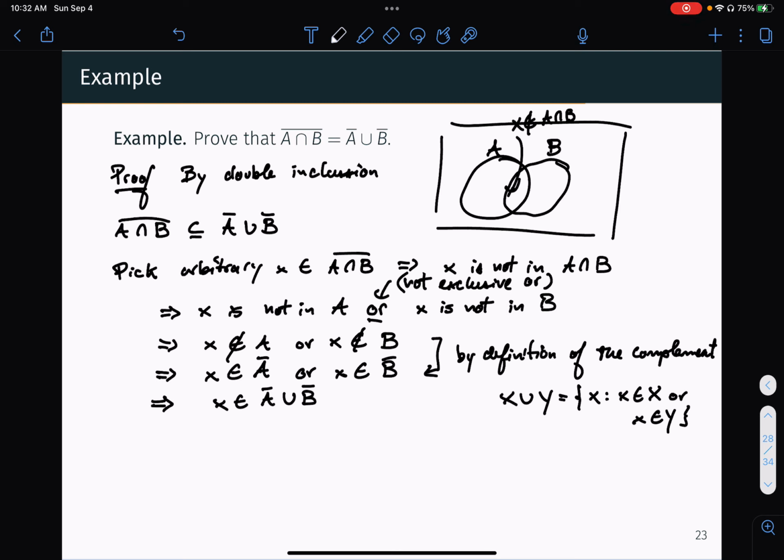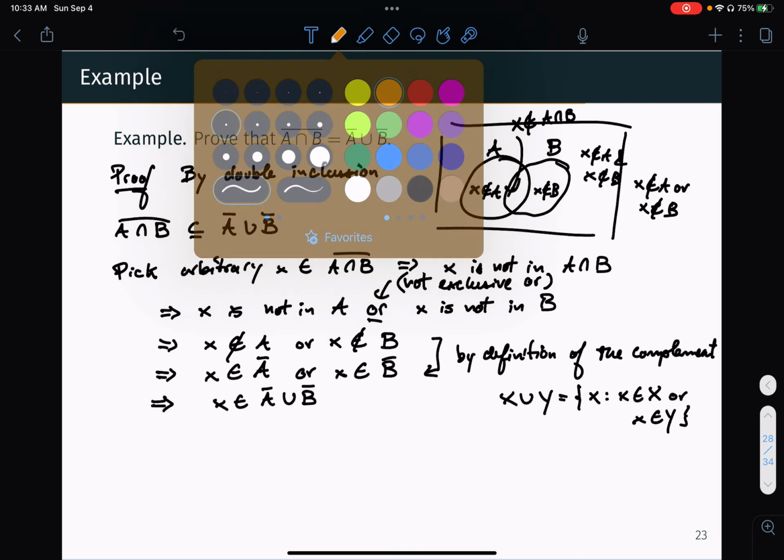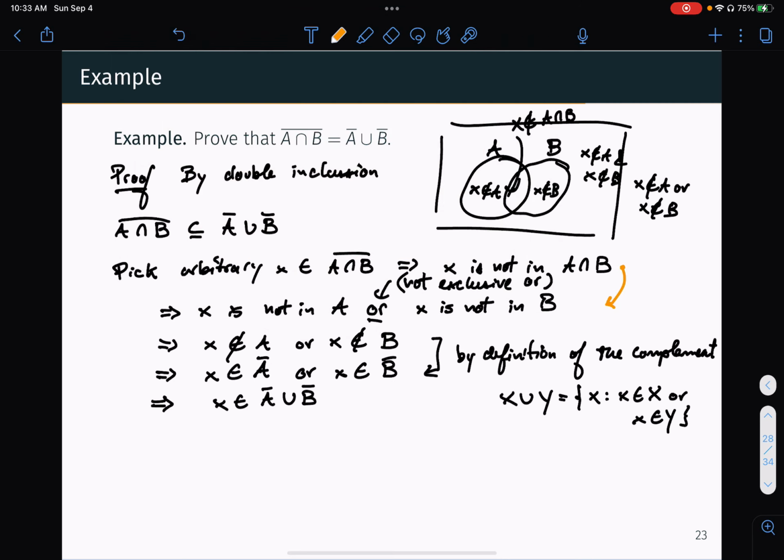If it's not in the intersection, then that must mean either it wasn't in A, or it wasn't in B, or it wasn't in both. Okay, but these three cases together are equivalent to just saying X is not in A or X is not in B. So I think this part of the proof is perhaps the trickiest.